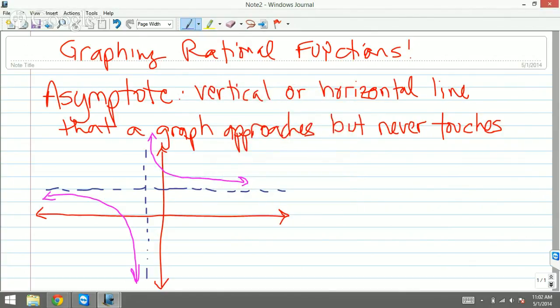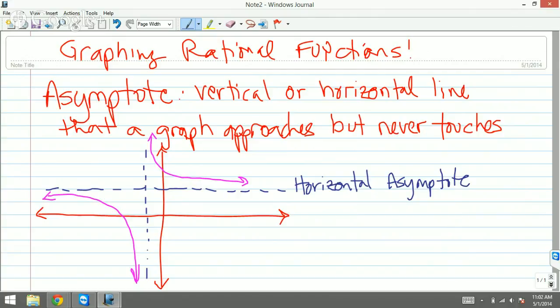Let me sum up. Okay, that is a horizontal asymptote because the graph approaches it but never touches it.